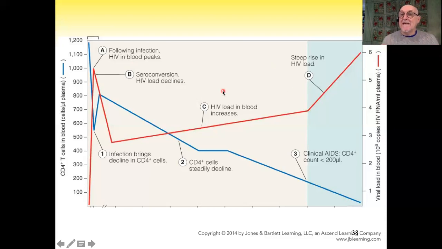When a person says that they are HIV positive, that means that they have been tested for the presence of antibodies to HIV. But because they are producing antibody to HIV does not mean that they are overcoming the illness. They are not.